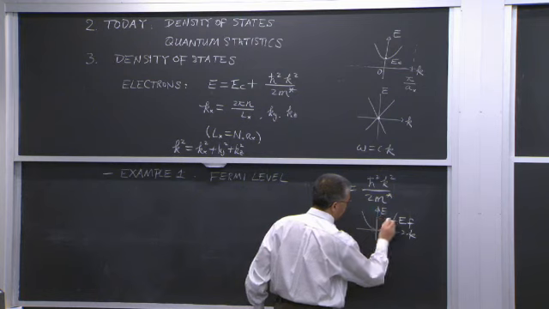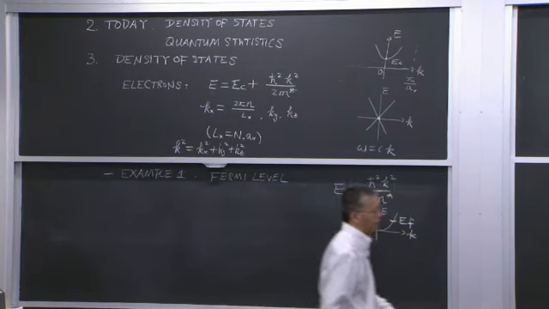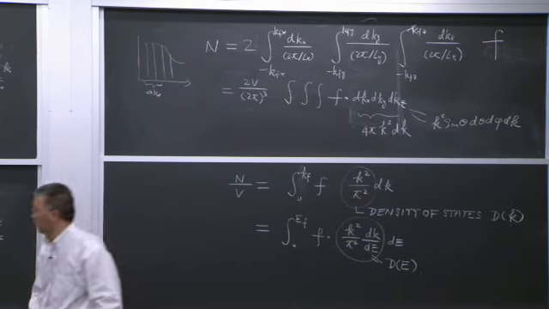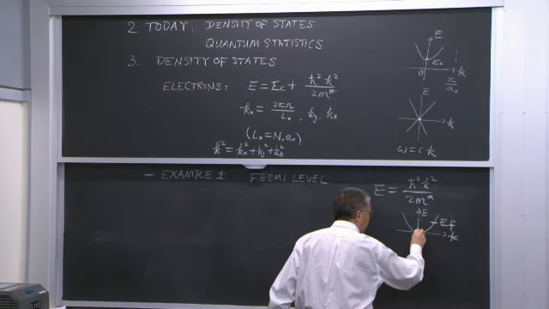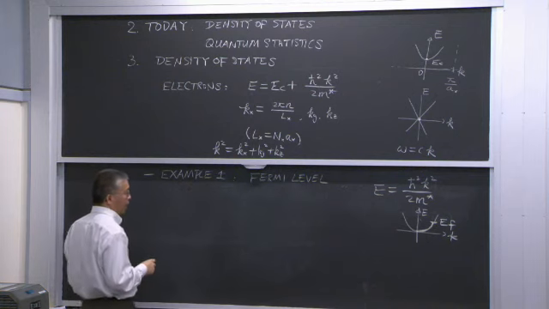This is the Fermi level. So in that case, F equals 1 below the Fermi level, and each state is spin up, spin down.